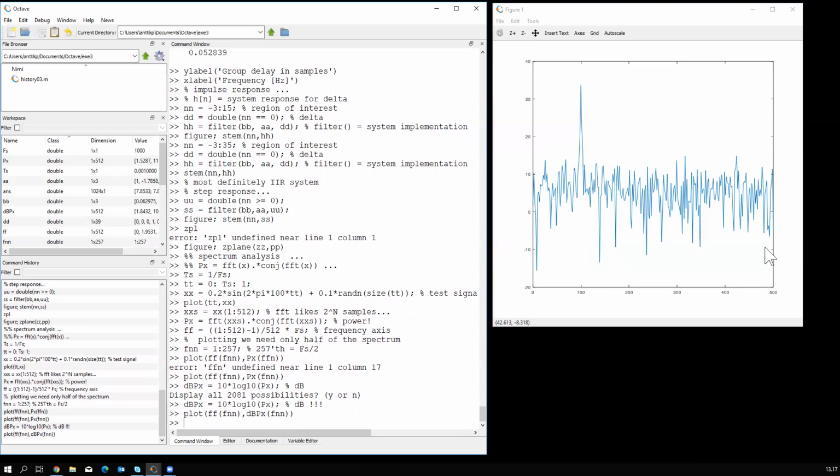For historical reasons, here the frequency axis is linear. But now we have the power in decibels.